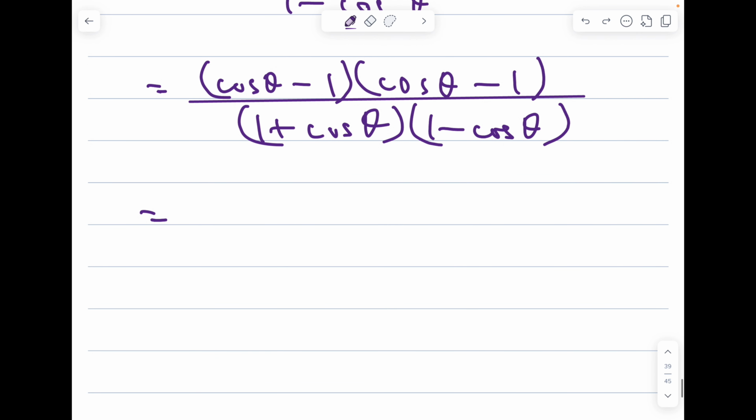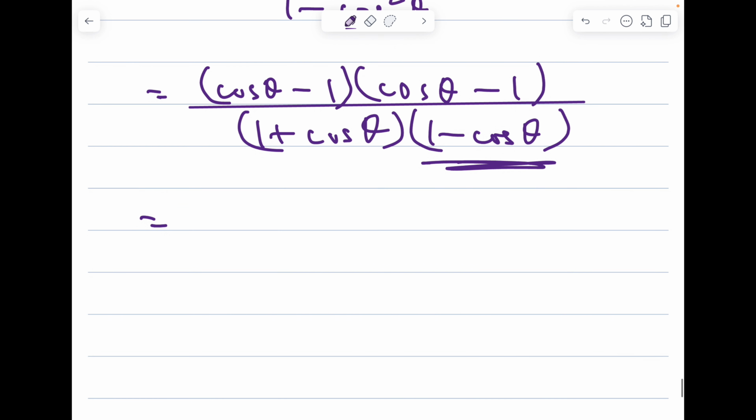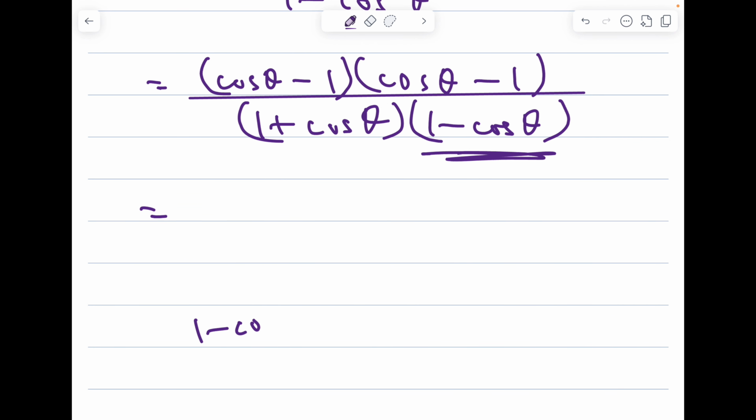So I want to write 1 minus cos theta as cos theta minus 1. 1 minus cos theta is the same as minus into bracket cos theta minus 1.